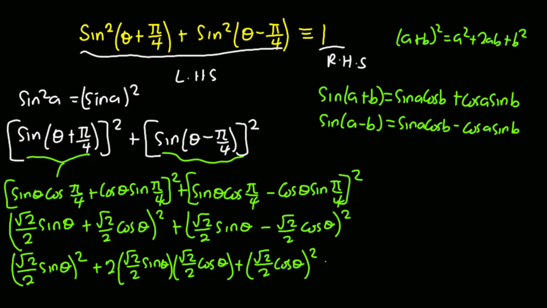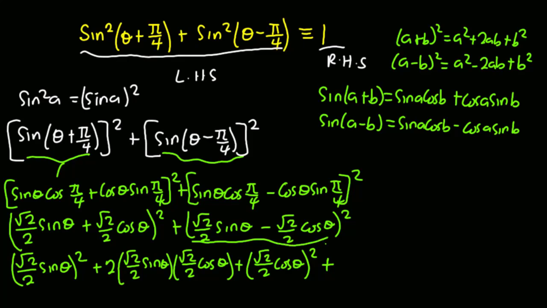Then I'm going to use another principle which says that a minus b all squared is the same as a squared minus 2ab plus b squared, to expand what we have in this bracket.